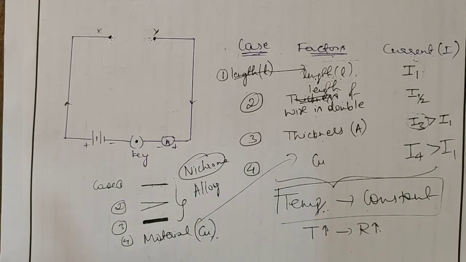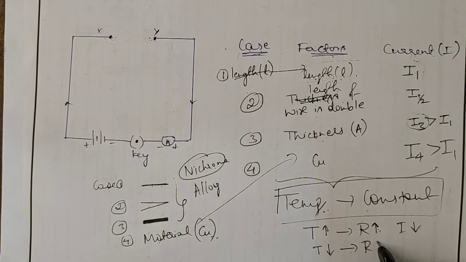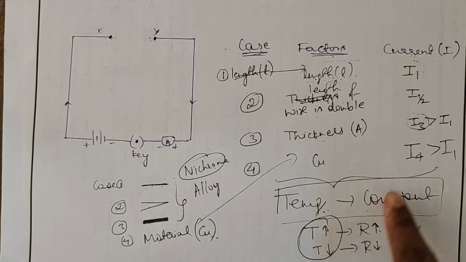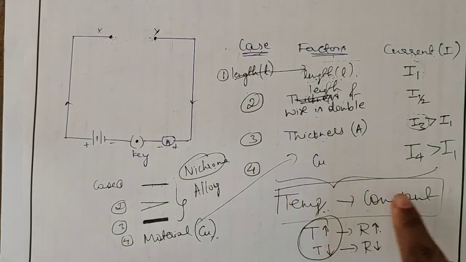As I already told earlier, when resistance increases, current will decrease. Vice versa, if temperature is low, resistance will also decrease, and if resistance decreases, current will increase. We want a proper flow of current, so temperature should be constant so that these two cannot vary. So all these conditions apply with a constant temperature.